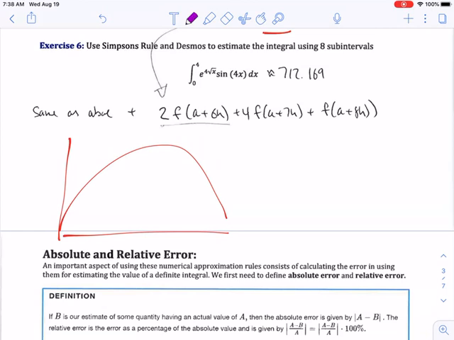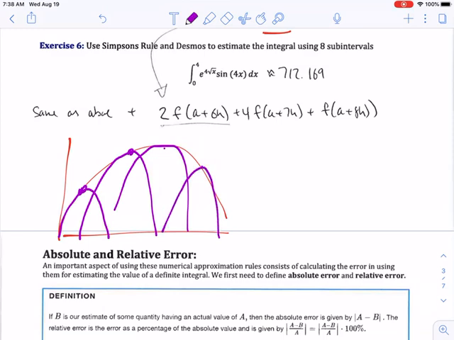So we're approximating the area with parabolas coming around. Again, look at the books, I'm not very good at drawing this. These parabolas approximate the area under the curve, and that's the development of Simpson's rule.